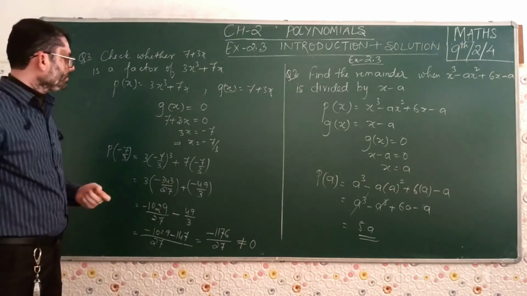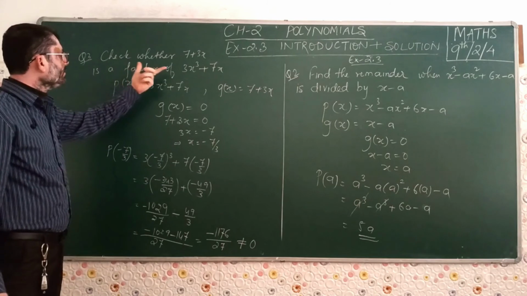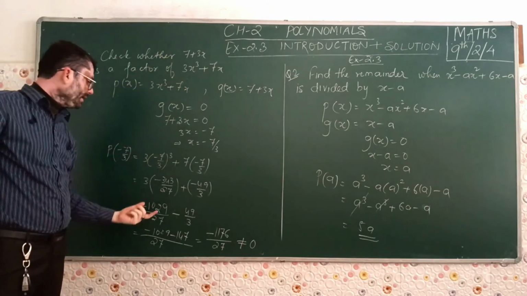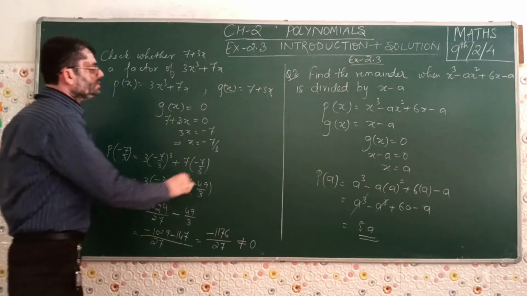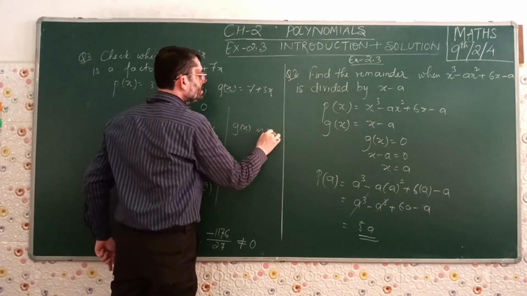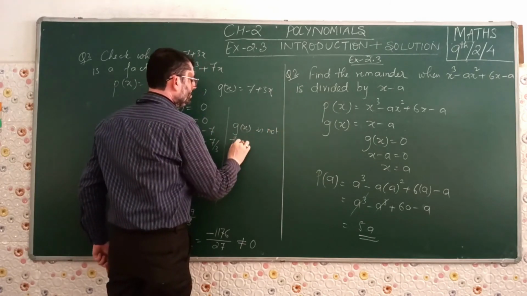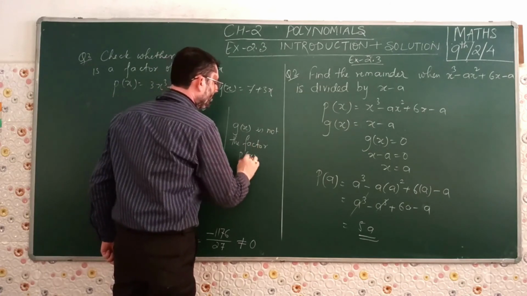We wanted the remainder to be 0. We were asked to check whether this is a factor of this or not, and we haven't received the remainder to be 0. So we can say that g of x is not a factor of the given p of x.